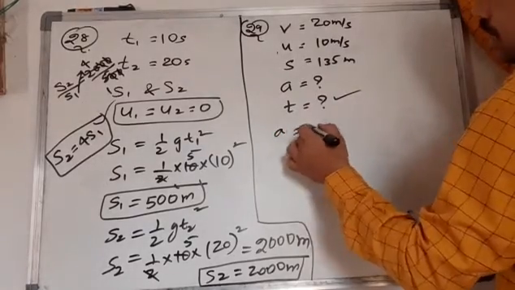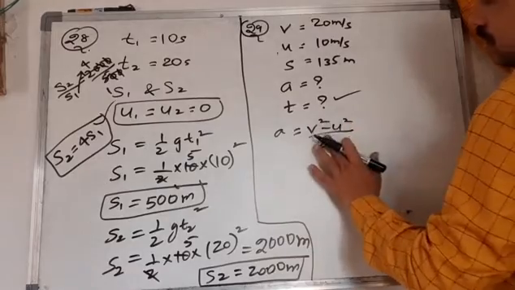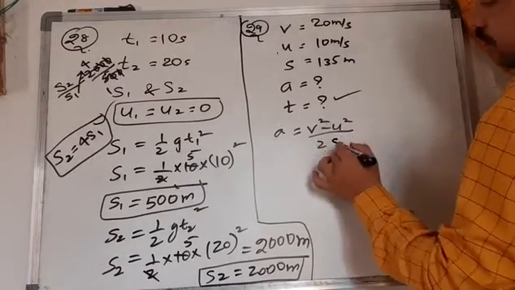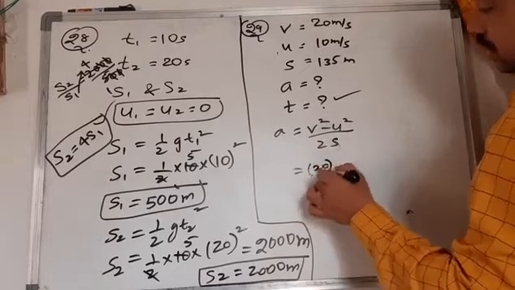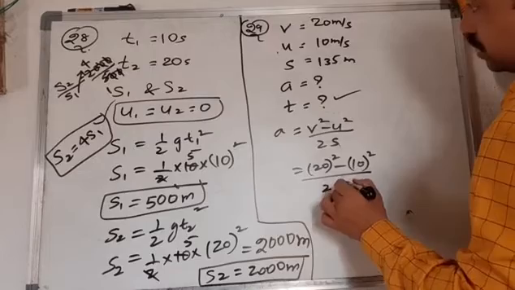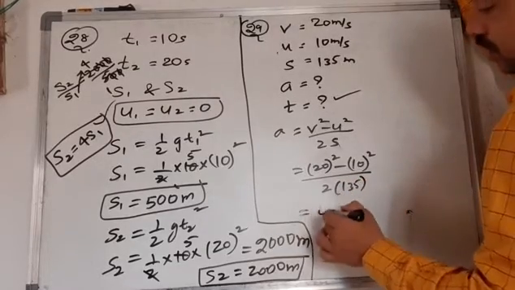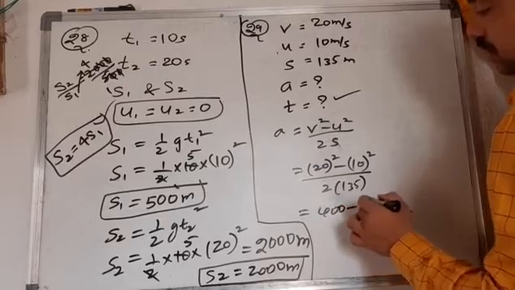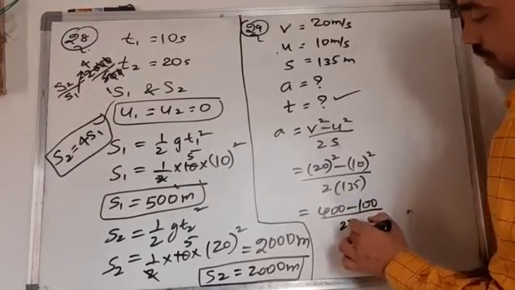We know that A is equal to V square minus U square by 2S. So this is equal to 20 square minus 10 square by 2 into 135. So how much will you get? 400 minus 100 by 270.